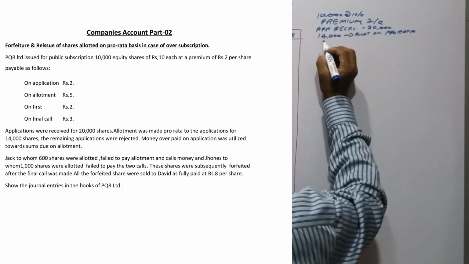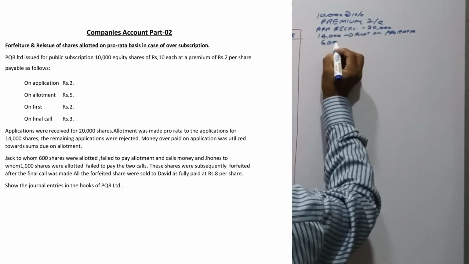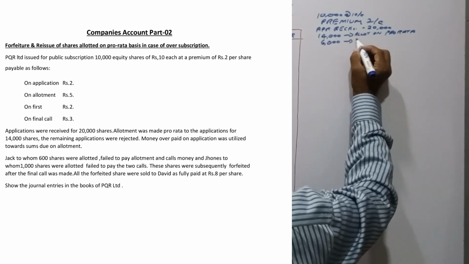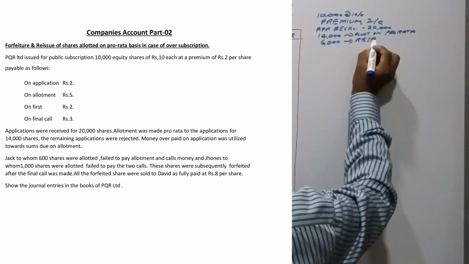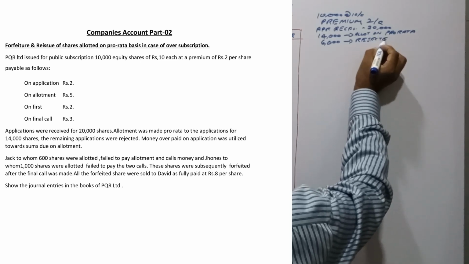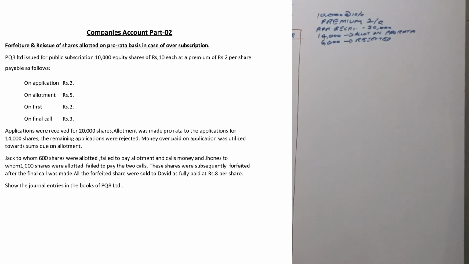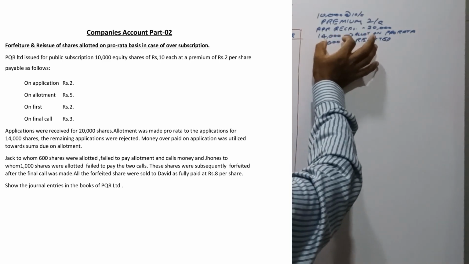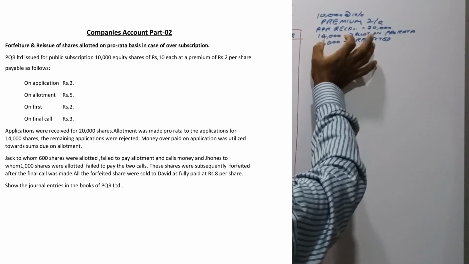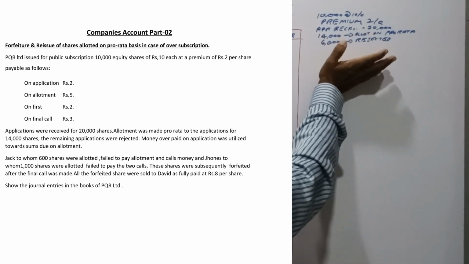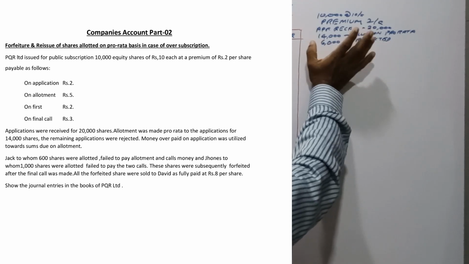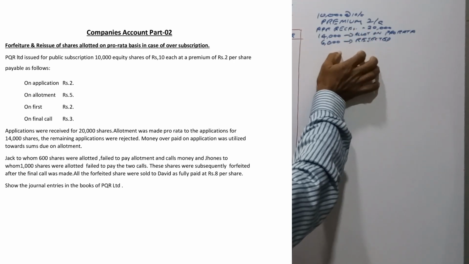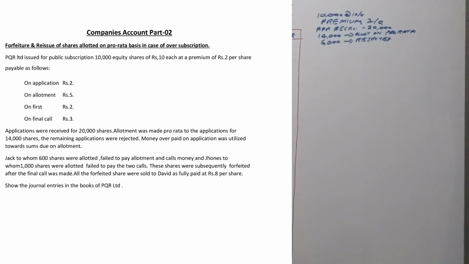Remaining means out of 20,000, if you deduct 14,000, then 6,000 are rejected. Money overpaid on application was utilized towards sums due on allotment. Oversubscription was there at the application level for 4,000 shares, and that was utilized for the allotment level.